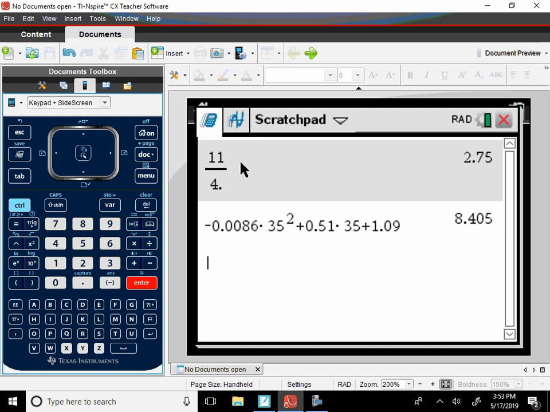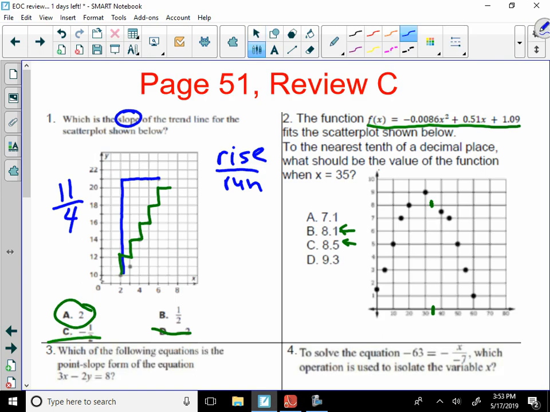I'm getting 8.4. I'm just checking myself before I go back to the last screen. I think I've done everything right. Negative, squared, plus. So let's go see what the closest to 8.4 would be. And I think if I had to choose, 8.4 is closer to C. Awesome.